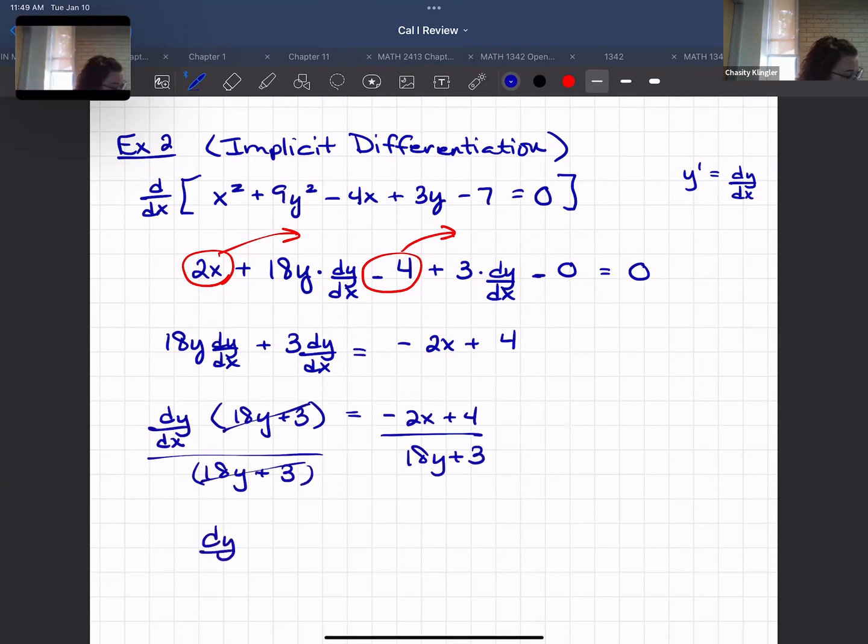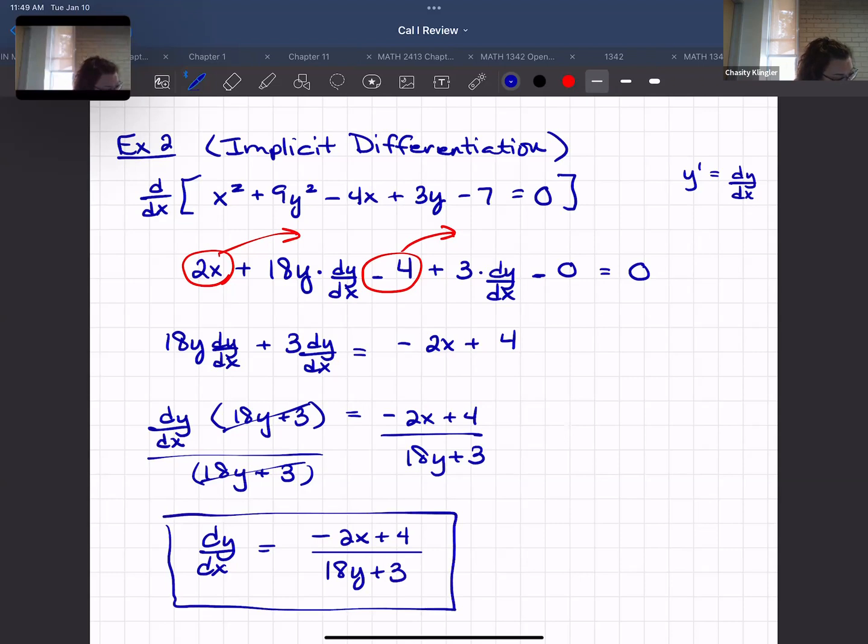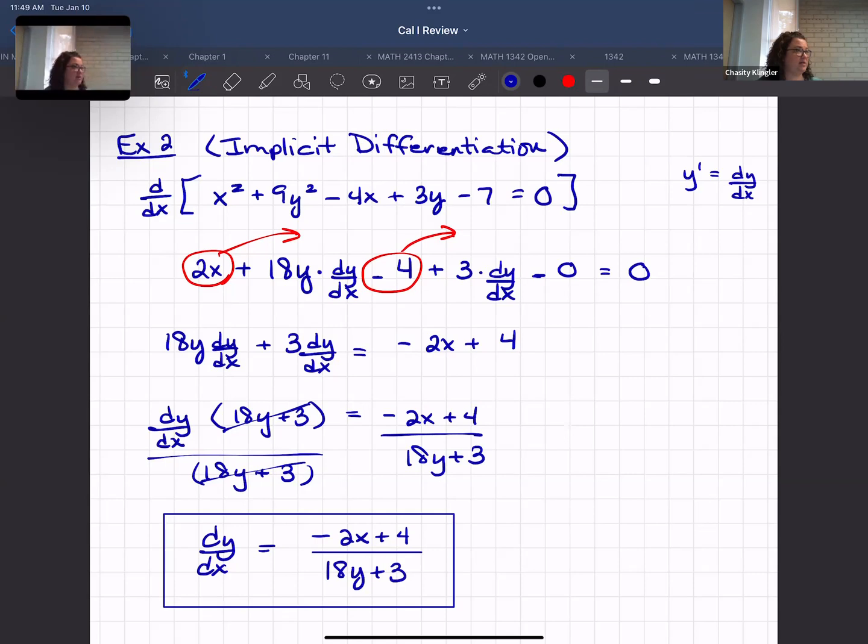So dy dx equals negative 2x plus 4 over 18y plus 3. Just be careful with your signs there.